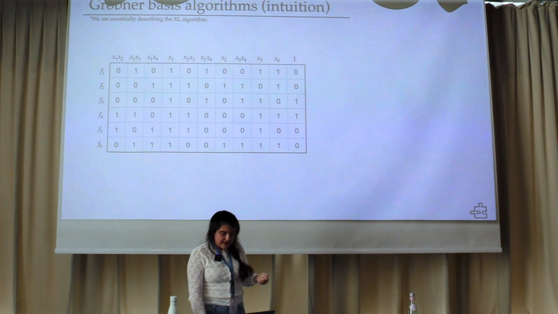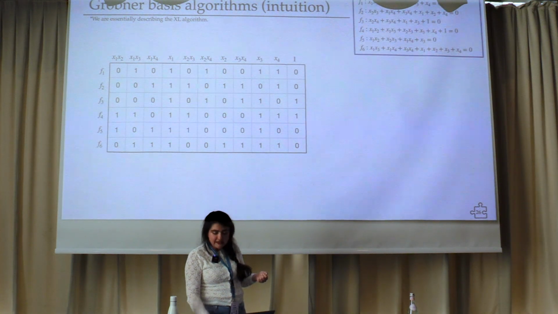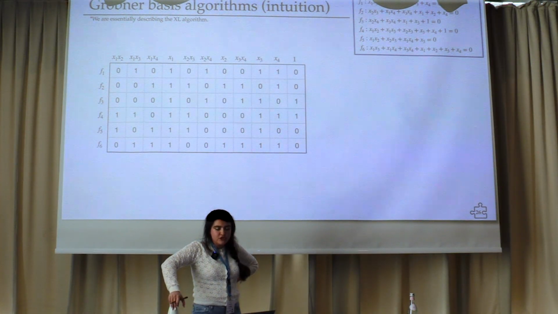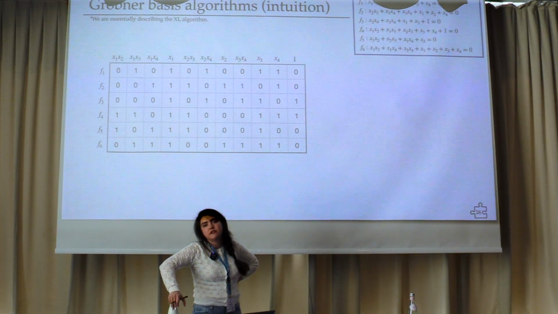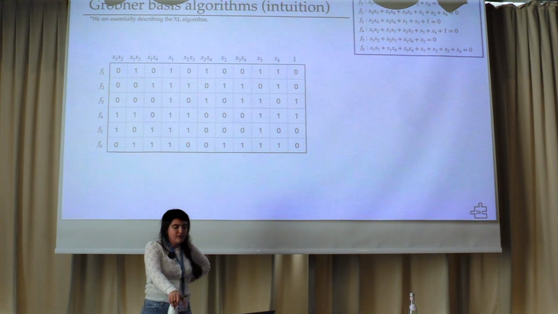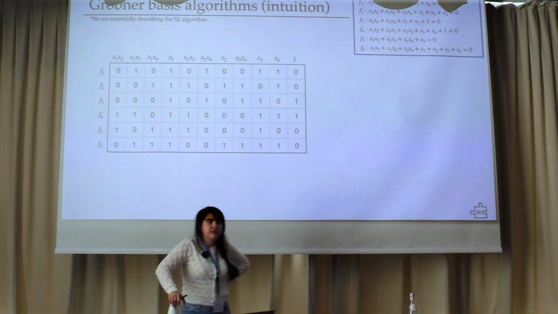So for instance, this is again our system. If I want to add another equation, what can I add? I know that if f1 is equal to 0, then x1 times f1 is also equal to 0, right? Multiplied with any variable, it is still going to be 0.